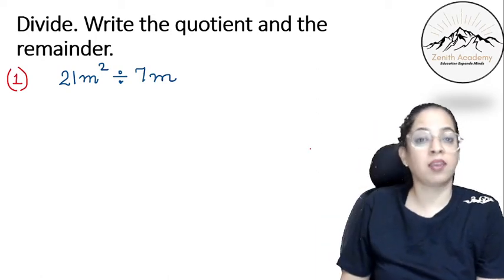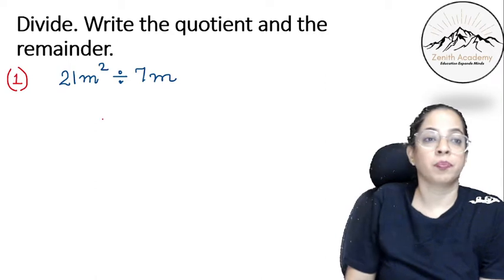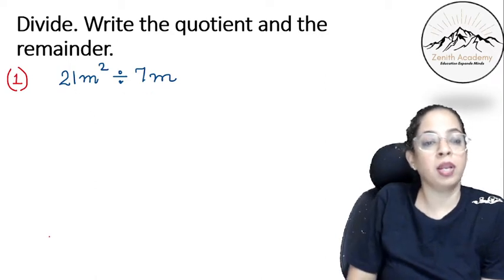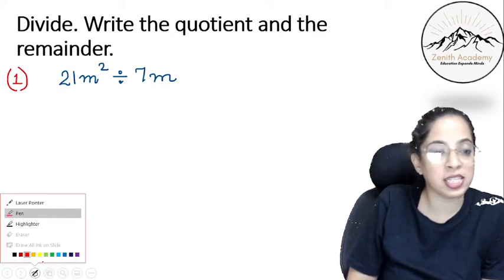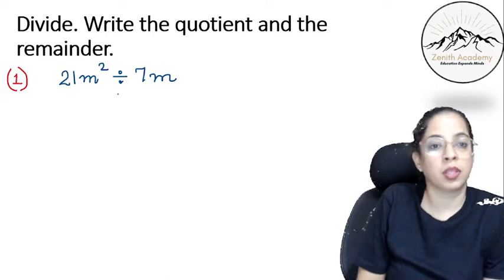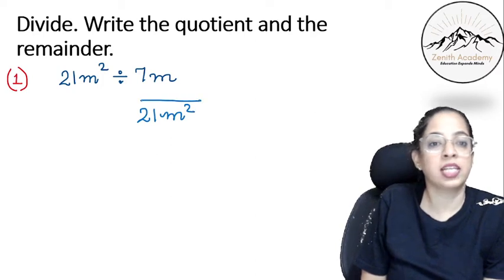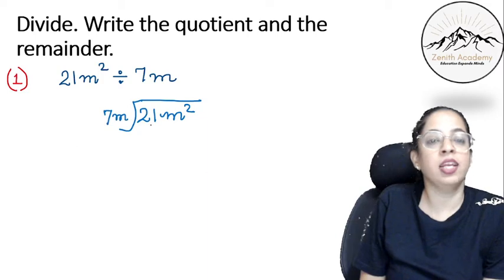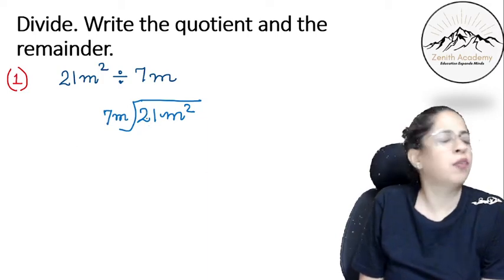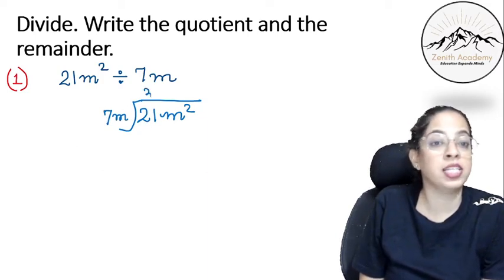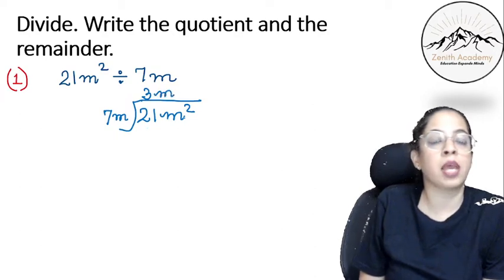Divide and write the quotient and the remainder. So this is division of a monomial by a monomial. So that's very easy. Let's begin. So we have to take the dividend here, 21m square, and we will take 7m on this side. Now you check this, 7 into what becomes 21? 7 3s are 21 and m into m becomes m square.